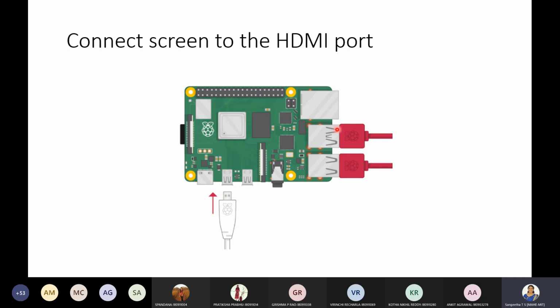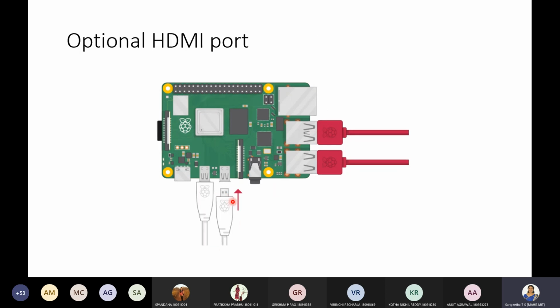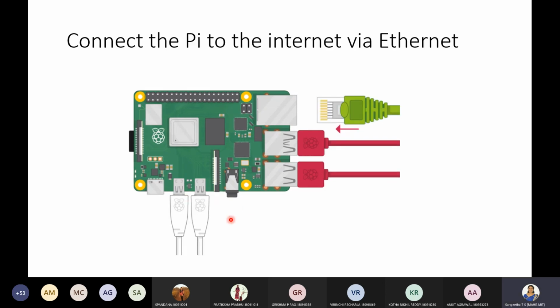So you have to have all these components: mouse, keyboard, and LCD display. Then another optional HDMI port if you want to work with multiple screens. Then the Ethernet port, where you can plug in the Ethernet cable.